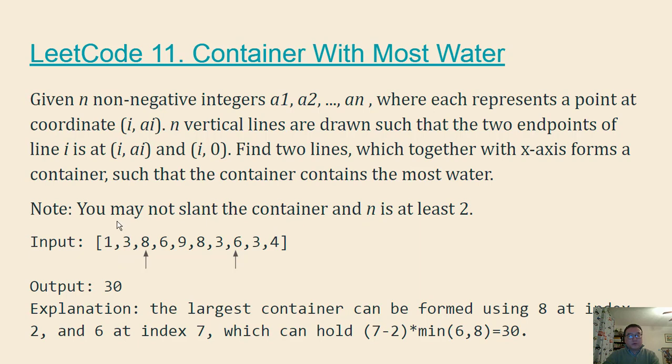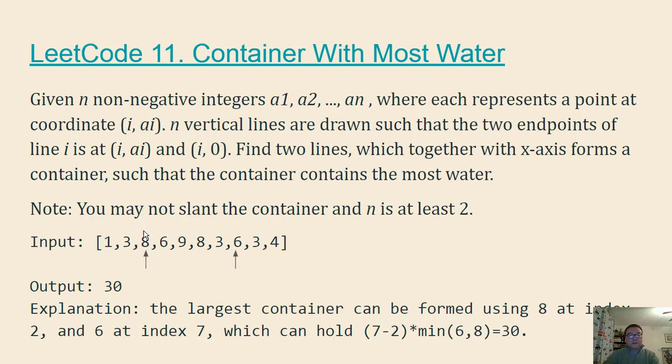Yeah, so here is a sample input. So we're given 1, 2, 3, 4, 5, 6, 7, 8, 9, 10 numbers. And the claim is that the container that can hold the most water is to choose these two.